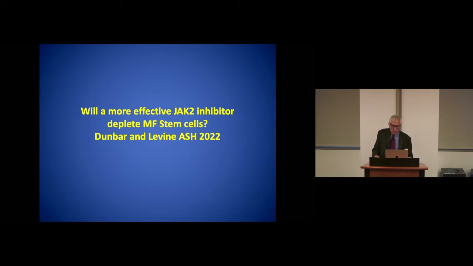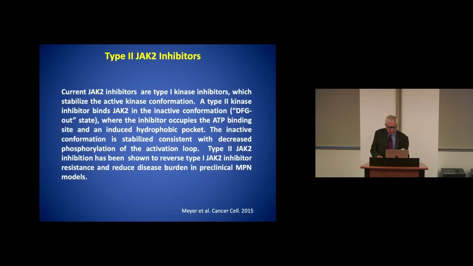So one group of thought is that we will be able to circumvent this progression by developing a more effective JAK2 inhibitor that will not only reduce spleen and symptoms, but will eliminate the stem cells that give rise to the myeloproliferative neoplasm and are responsible for progression.